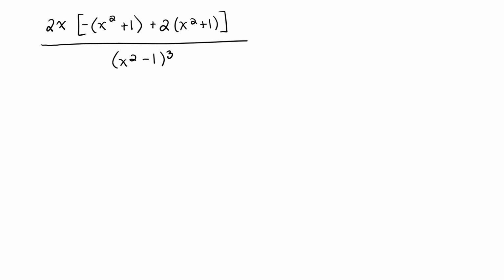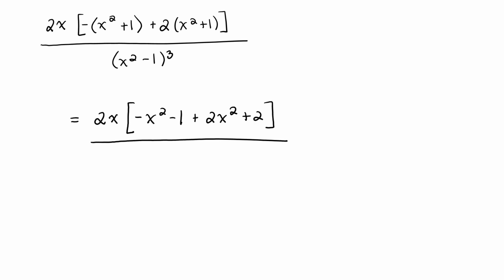Now, we could actually simplify this a bit further if we wanted to. The big thing is that we want to make sure that we've factored out all common factors. But when everything sort of has the same powers in that numerator, we can do some distribution. So we have negative x squared minus 1 plus 2x squared plus 2 all over x squared minus 1 to the third power.